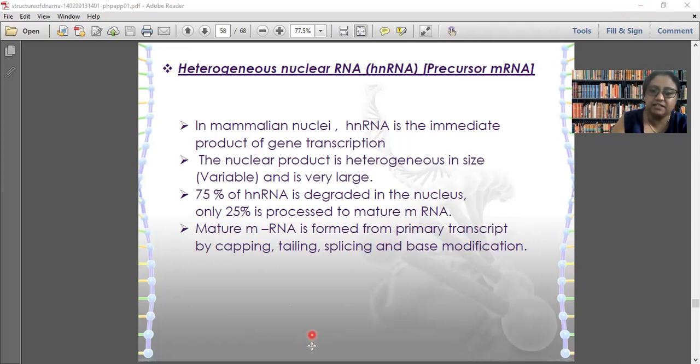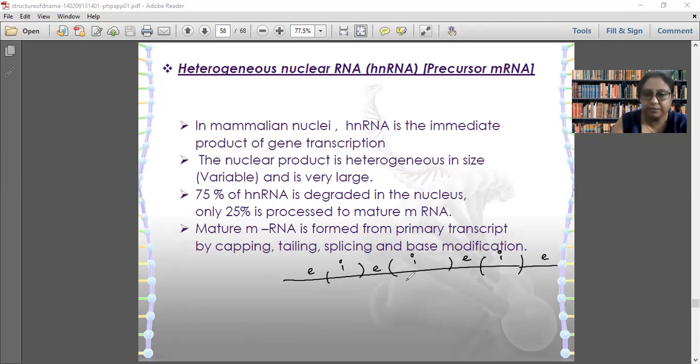So if I consider a part of DNA present in eukaryotes, some part of it is coding for protein and some part of it is non-coding for protein. So the part which is having meaningful implication is called exon, represented by E, whereas the part which is not having meaningful part is known as intron.